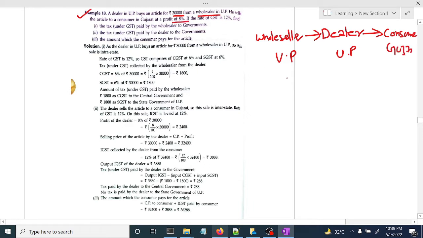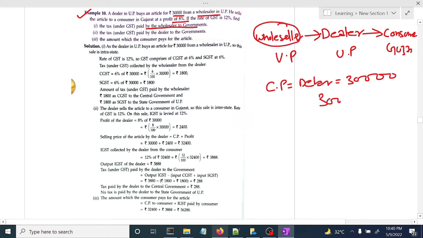So the cost price of dealer is how much? 30,000 rupees. So what is the tax paid by wholesaler to government? It's simple: 30,000 into 12 on 100, which is 1800.